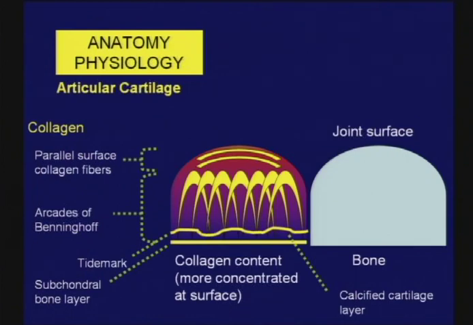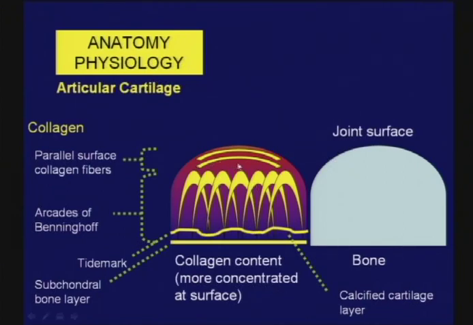Now, many investigators have studied the collagen composition of articular cartilage. And I'm sure many of you have read articles or even books on this subject, and you have seen this particular diagram over and over again, pointing out the classic description of the collagen within the articular cartilage.